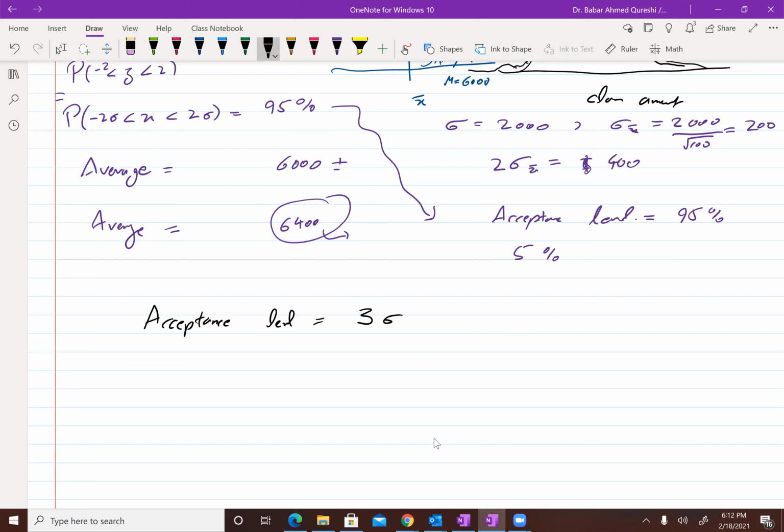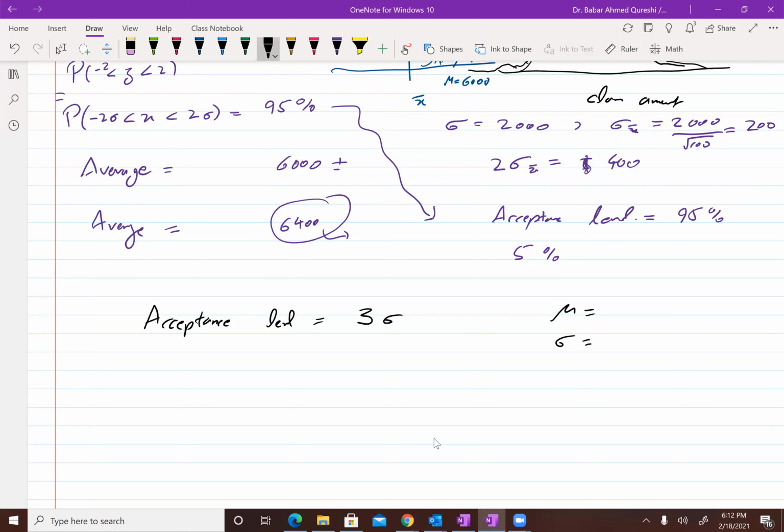But anything going beyond 3 sigma, you should be very suspicious that something fishy is going on. What I was expecting from the original population mean and standard deviation is not being followed. So either this has changed or this has changed. So your original claim about the population, which was essentially their mean and the standard deviation, has changed.